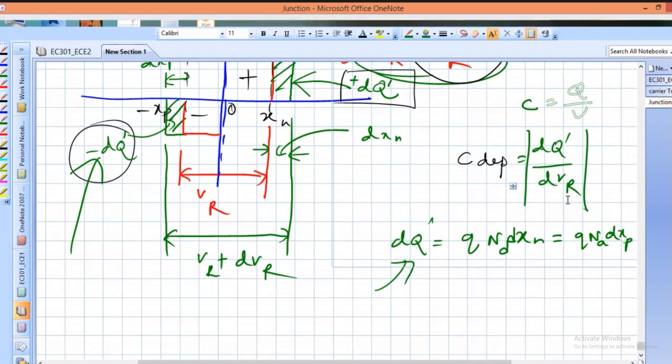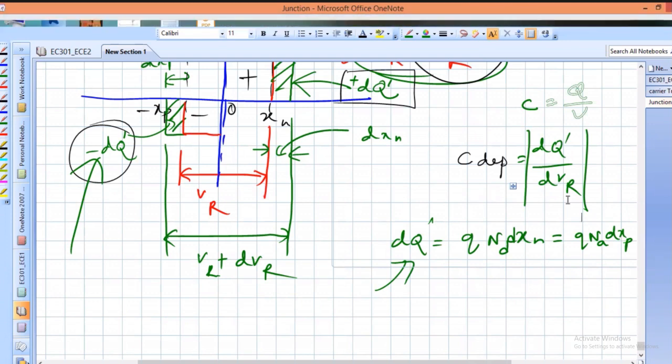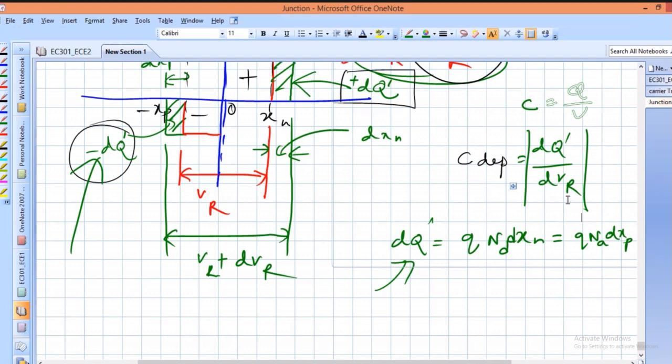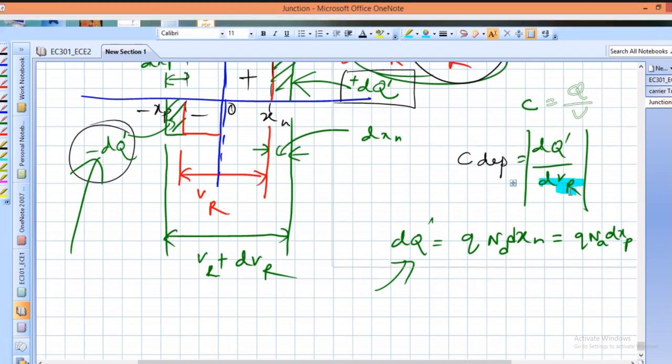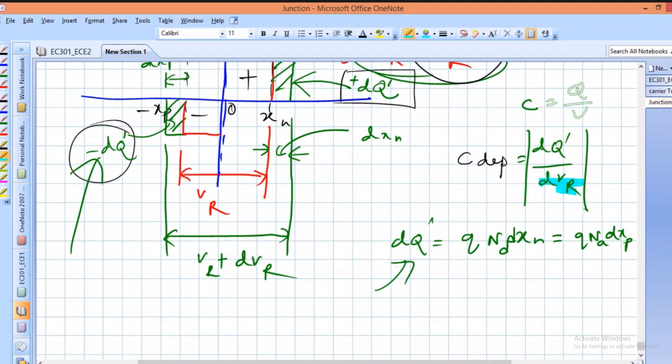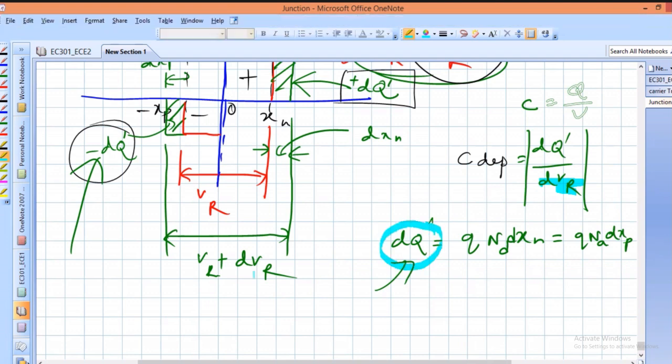Now, why is this differential charge dq dash present? Because the reverse bias voltage is increased by the amount of dv here. You can see this increased reverse bias voltage dv is the responsible one for this differential charge.